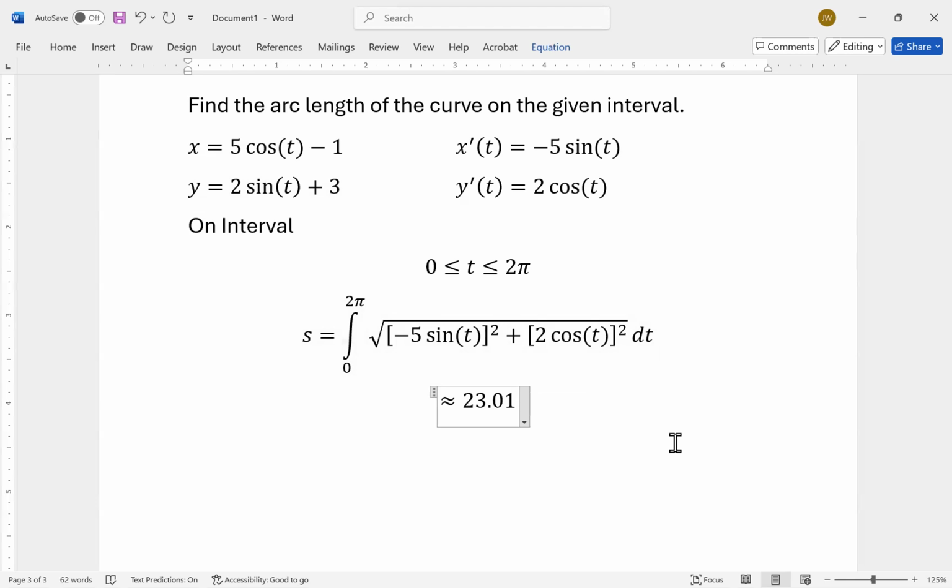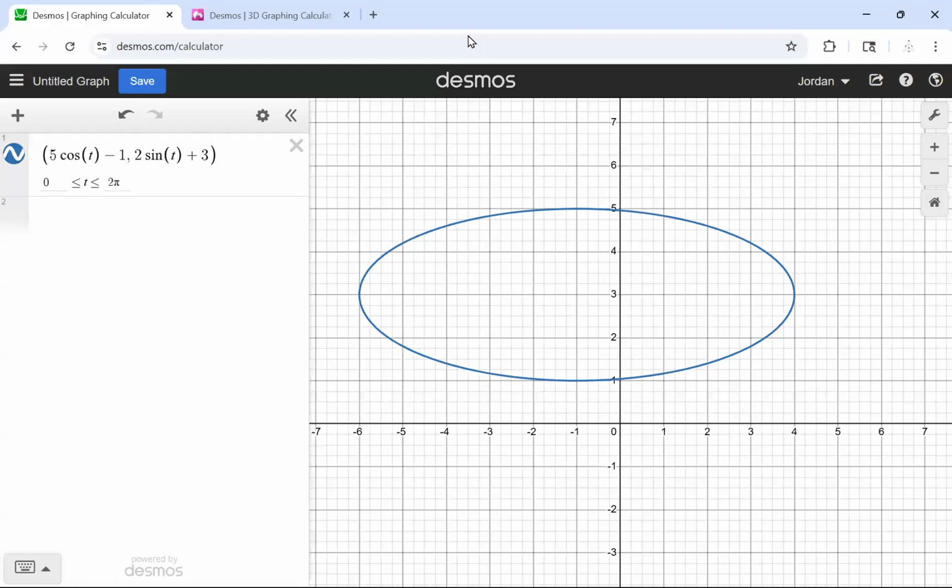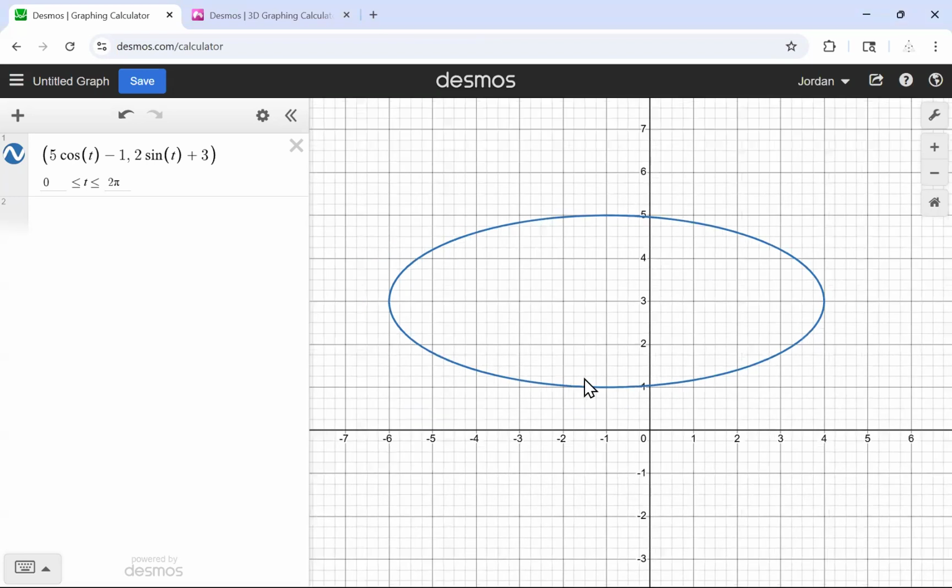So the 5 cosine of t minus 1 as your x value, 2 sine of t plus 3 as your y value ellipse. So this ellipse has perimeter, which is about 23.01. There we go.